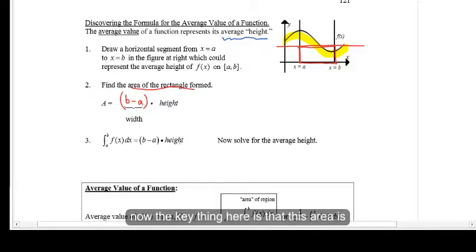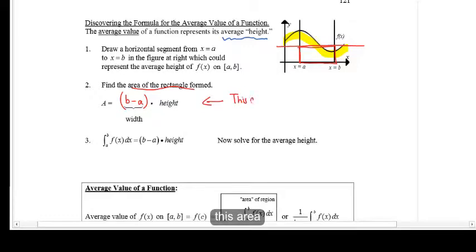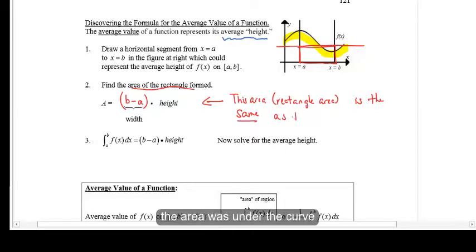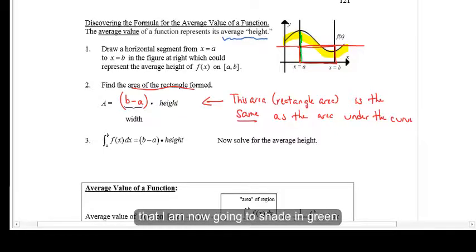Now the key thing here is that the area of the rectangle is the same as the area under the curve that I'm going to now shade in green. It's supposed to be the same.